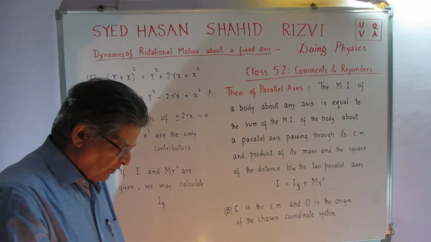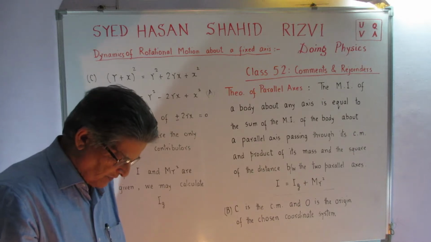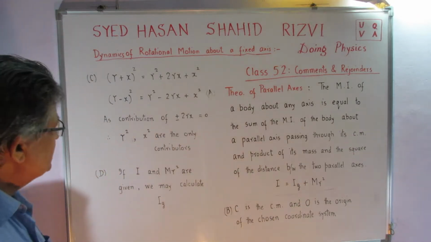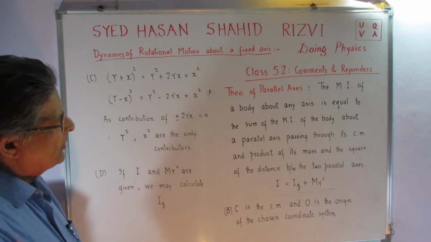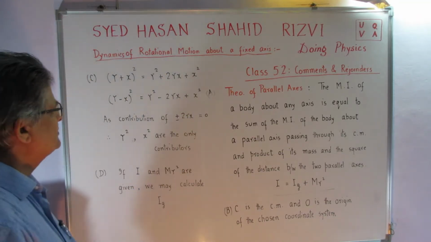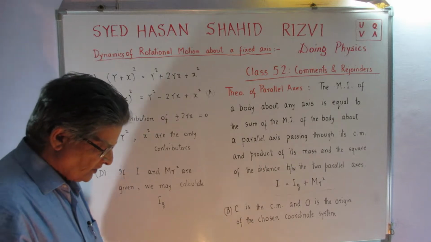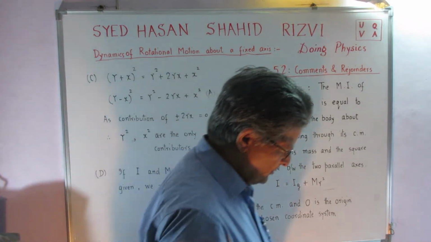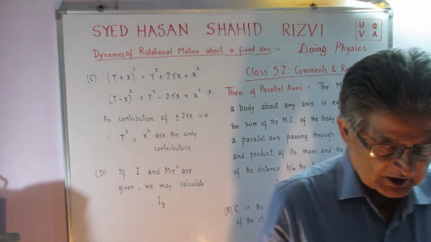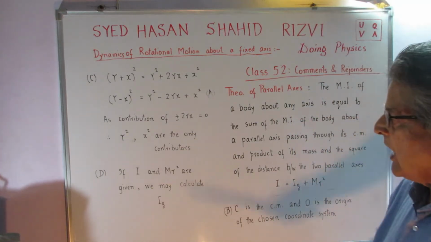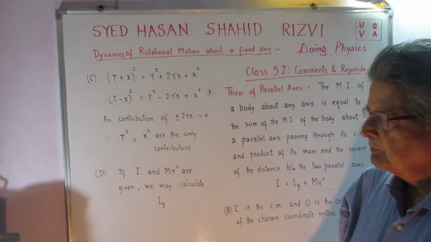There is another thing which I want to emphasize: while making the derivation, I took the distance of the point P from the new axis under consideration as r plus x.